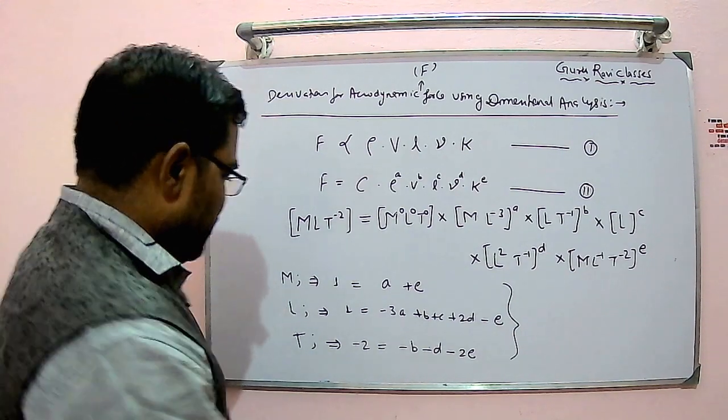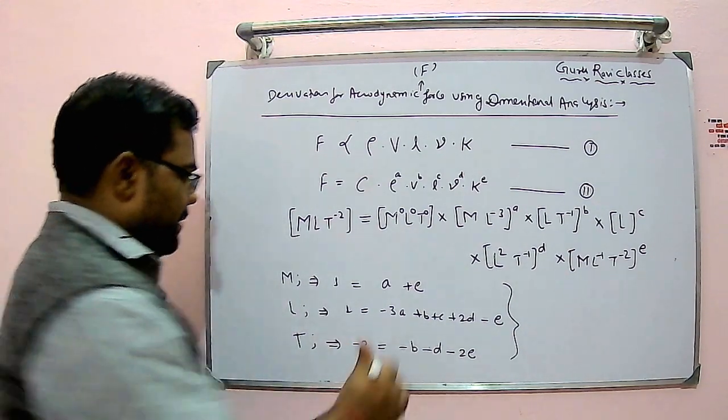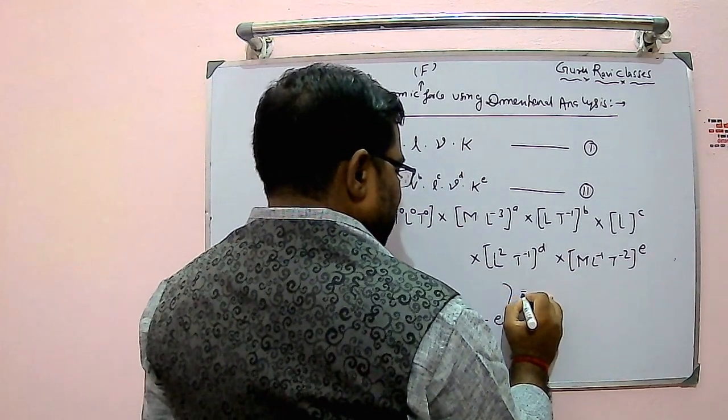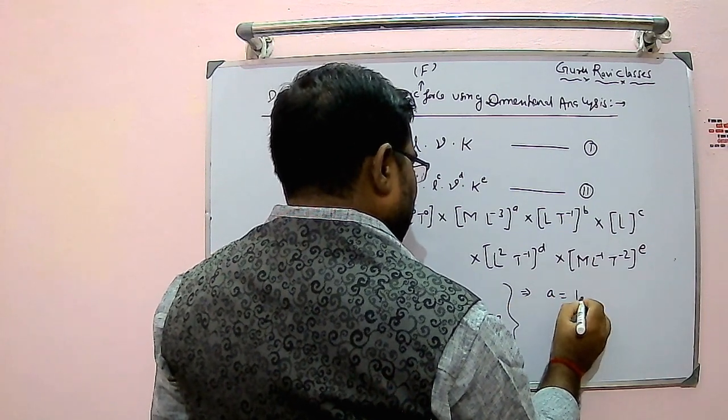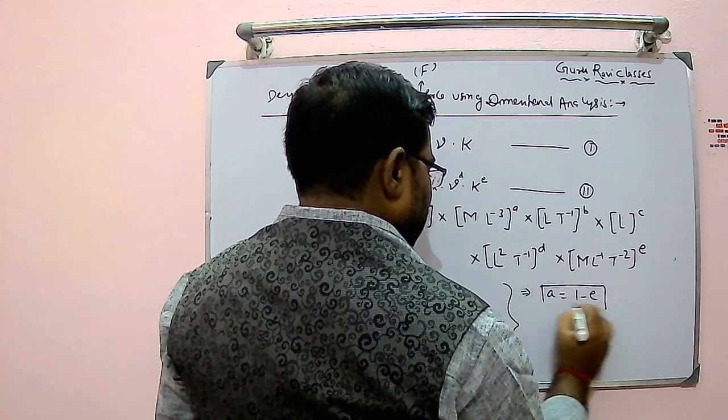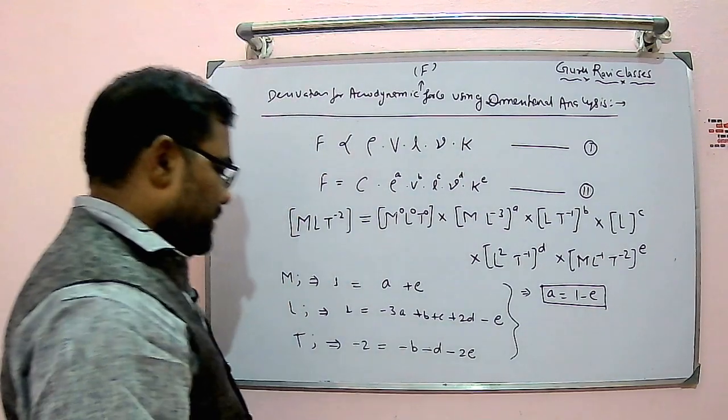Clear? So from the first equation, I can say A is equal to 1 minus E. That's one thing over.